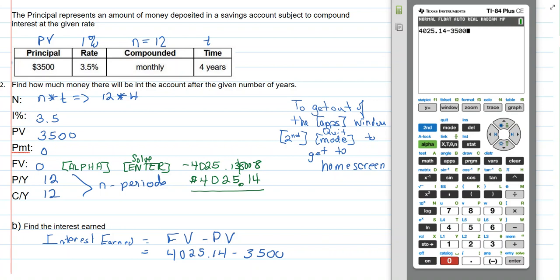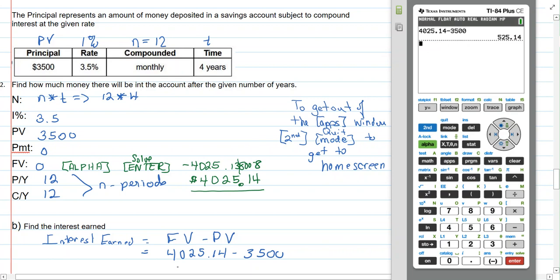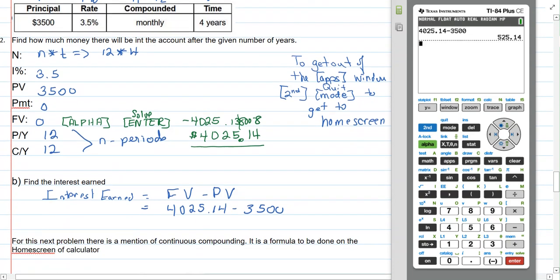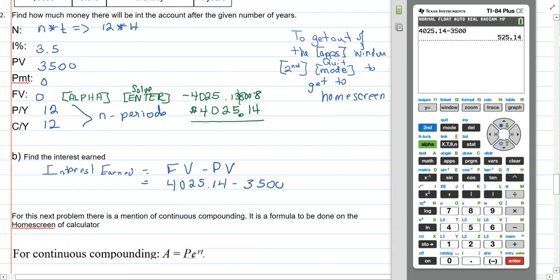Make sure I didn't add 2 zeros or something, like I did in the other program. So interest earned was the amount of $525.14.